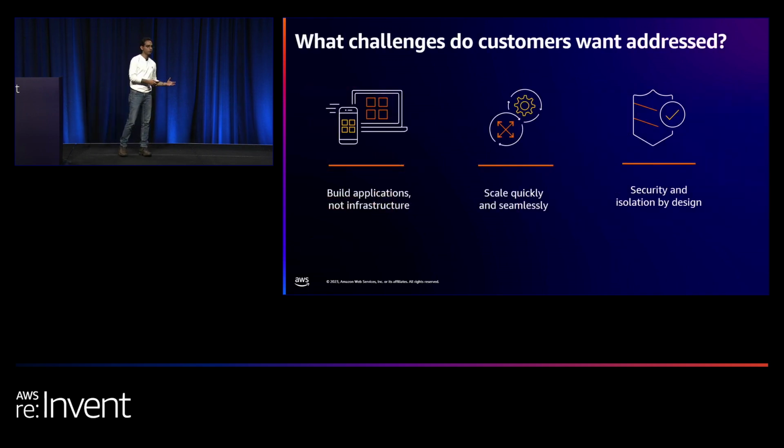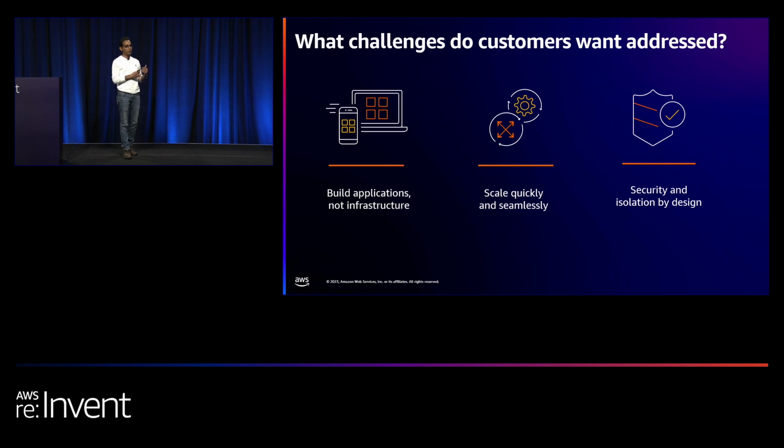So we heard from our customers that while all these things that we saw in the previous slides give you great control over the infrastructure pieces, and the ability to manage the characteristics of your applications to the finer details, that's a lot of work. We have heard from many customers and developers that they want to focus on application building.